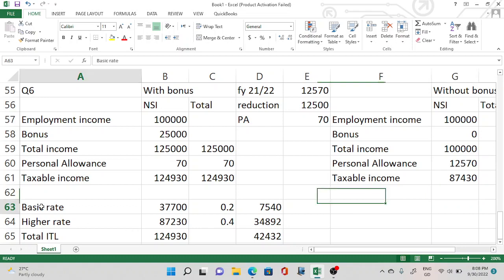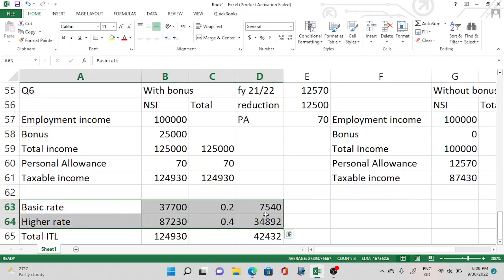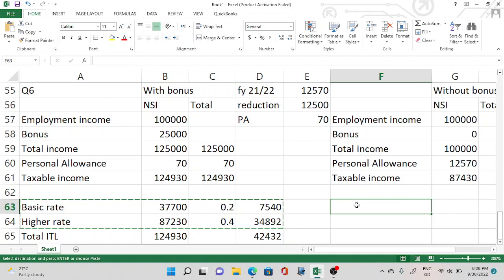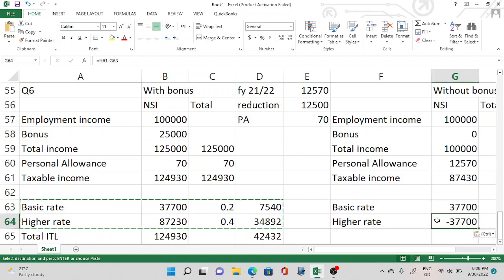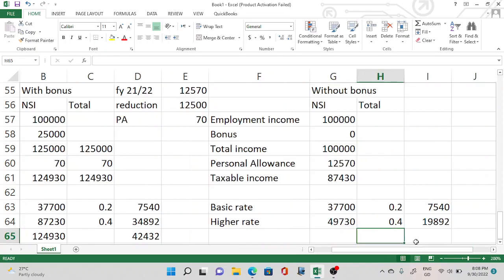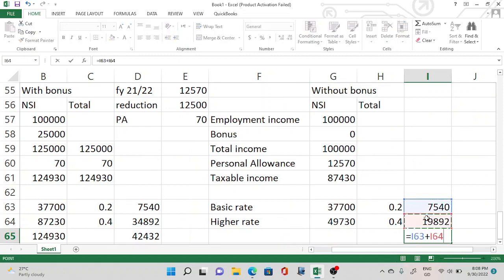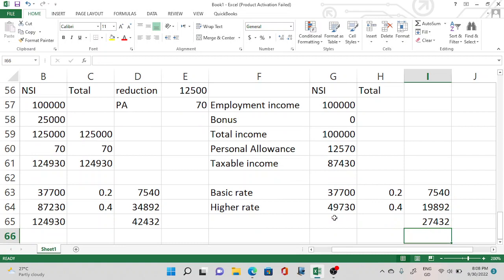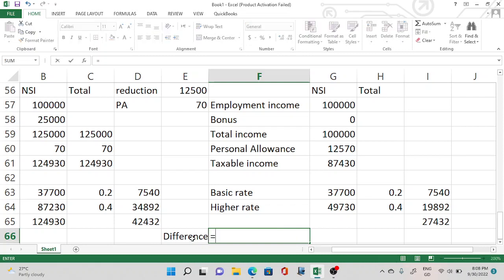So this basic rate working would be the same. And what will happen with the higher rate, by the way, the link up would be 87,430 minus this. So your total liability would become 27,432. So let's take the difference, that is how much additional she is paying when she is receiving the bonus.